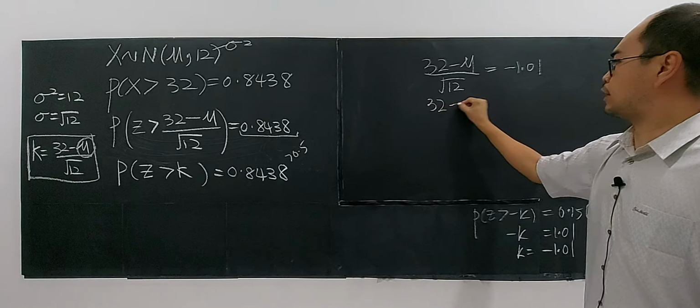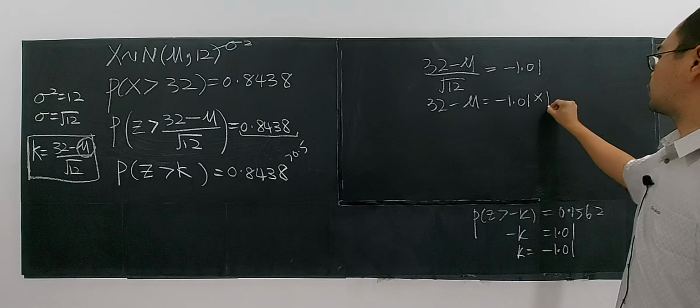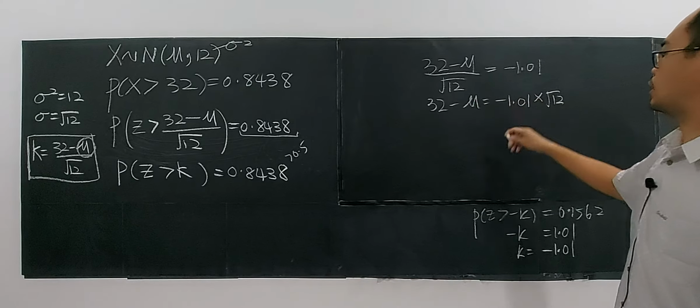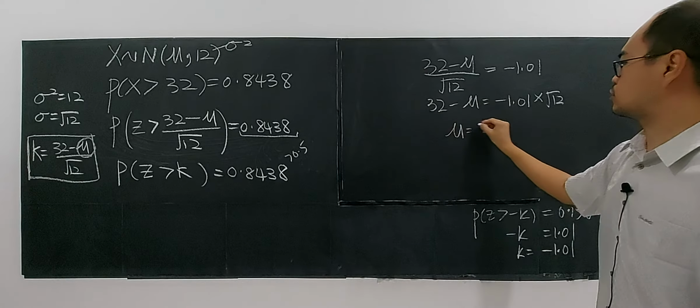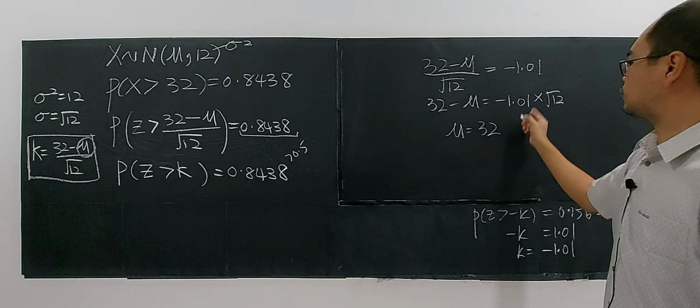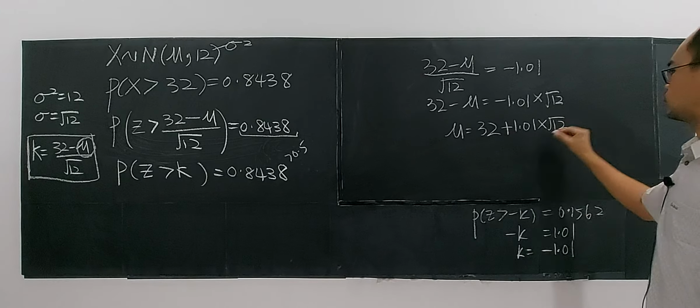So 32 minus the mean equals negative 1.01 multiplied by the square root of 12. The mean goes to the right hand side, so it will be 32, and the negative becomes positive 1.01 times the square root of 12.